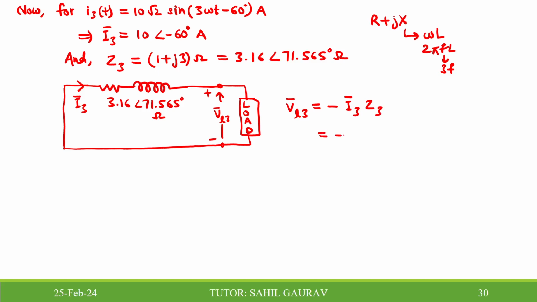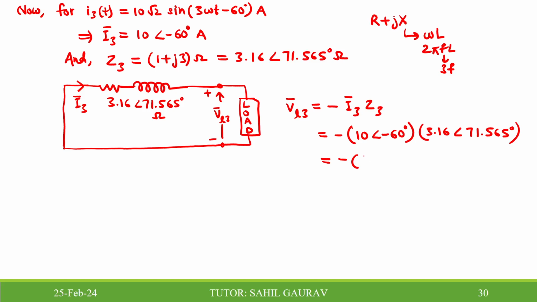So minus of I3, which is 10 at the angle of minus 60 degree, and Z3 will be 3.16 at the angle of 71.565 ohm. So you will get minus, just take it outside.